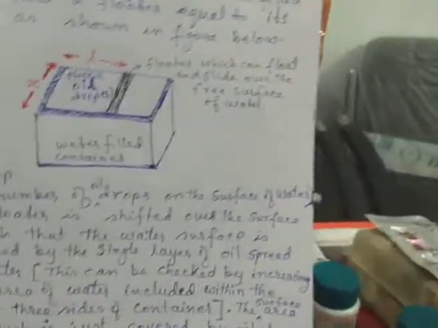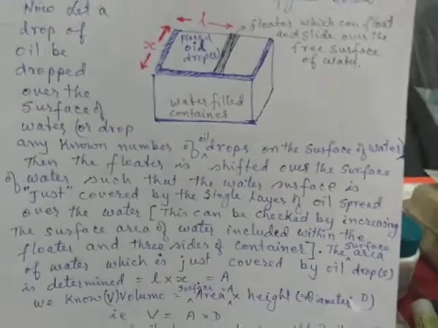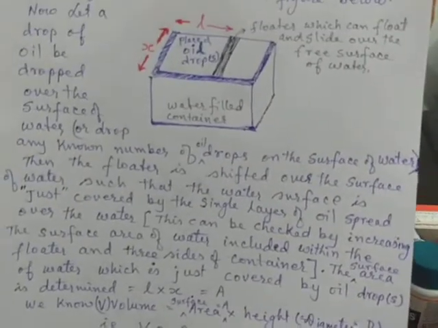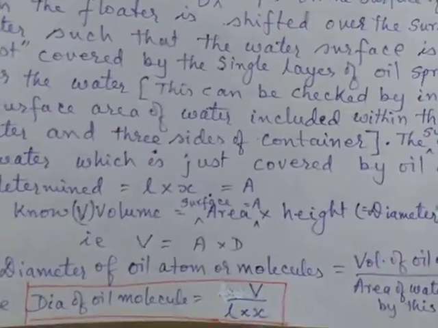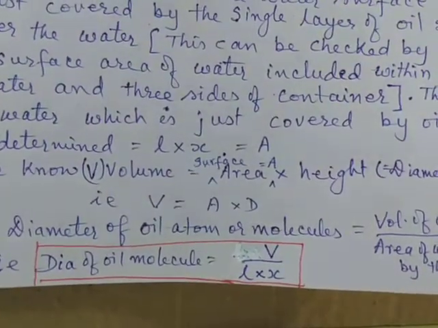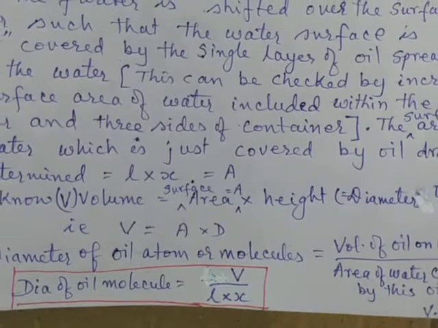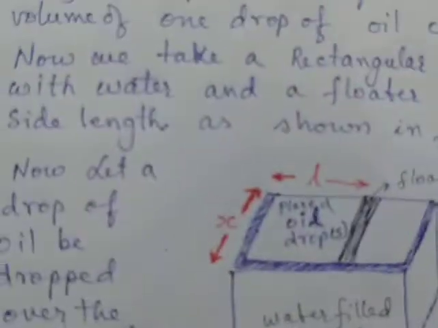That way we find the area which is just covered by oil. It means that the water is covered by only one layer of oil. Once this is done, we use the relation volume is equal to area into height. In this case, the height is nothing but the diameter of the oil molecule.